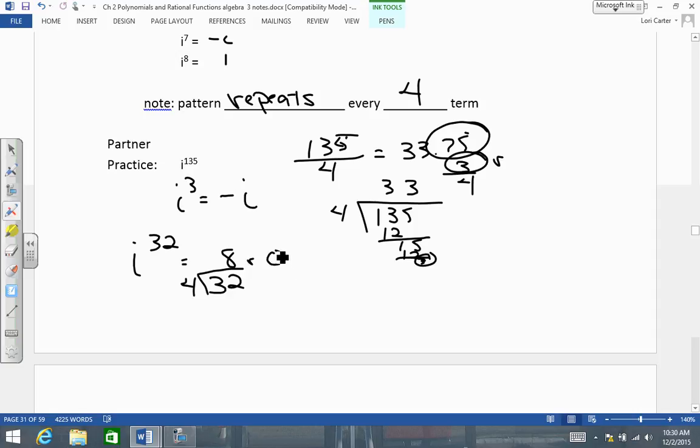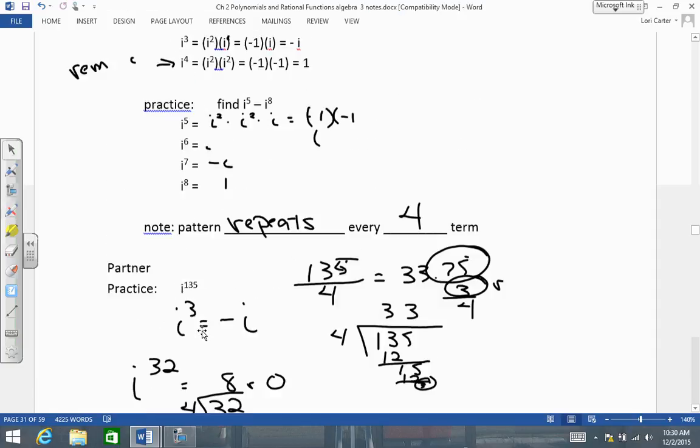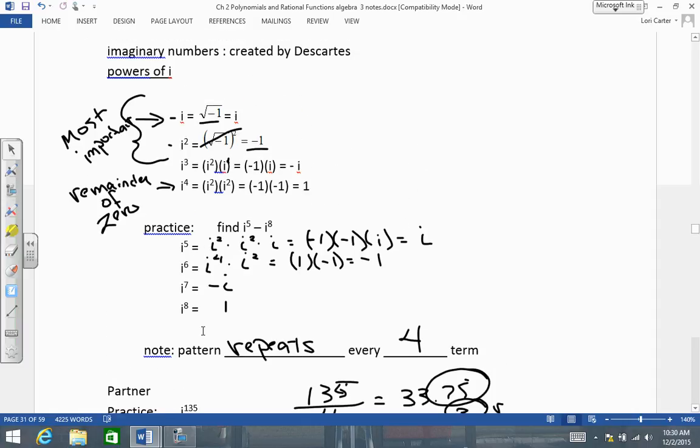A remainder of 0 is 1, same as I to the 4th, which is 1. It's not a remainder of 1, it is 1, because I to the 4th is 1.